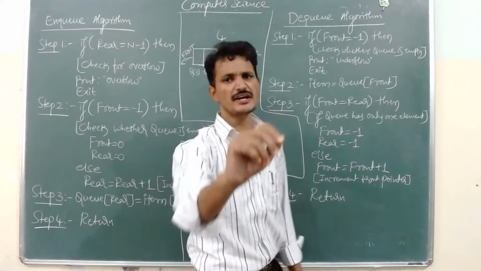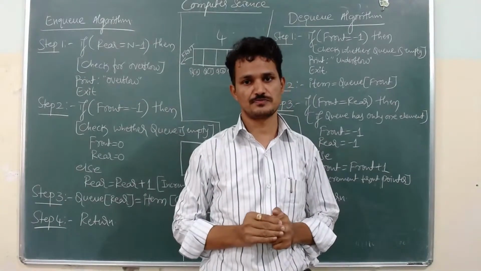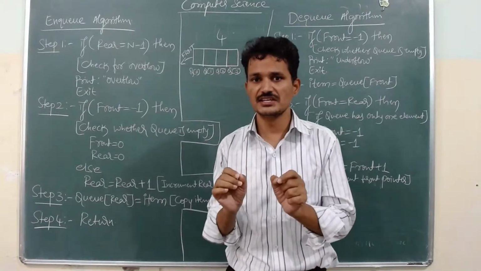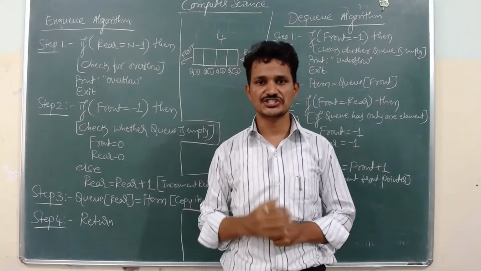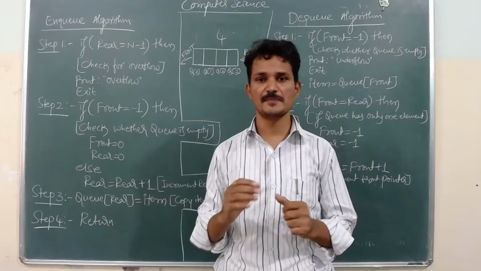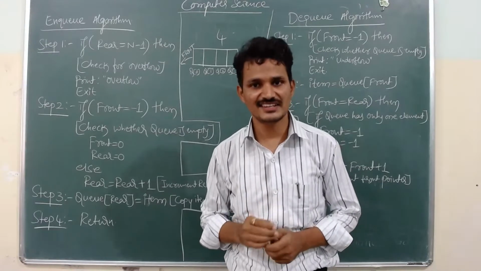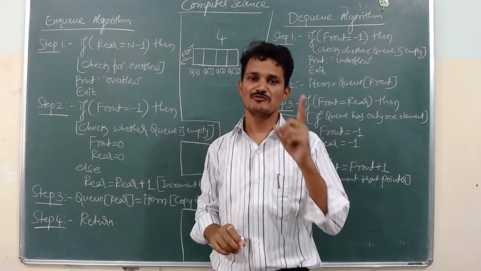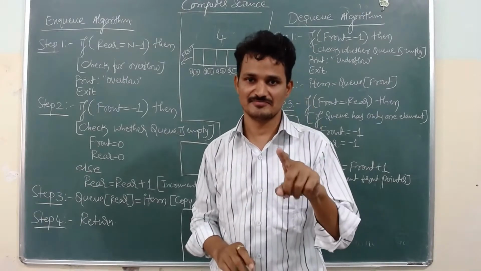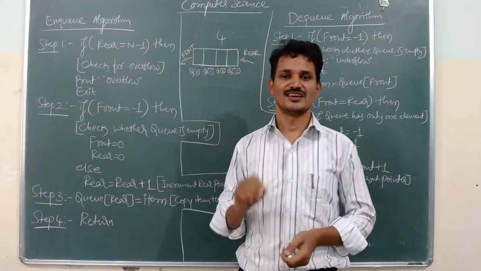The most important part in the Queue data structure is that initially the Queue data structure is empty. Have a look at this. Initially the Queue data structure is empty. At that time, the value of front and rear, I'll repeat once again.